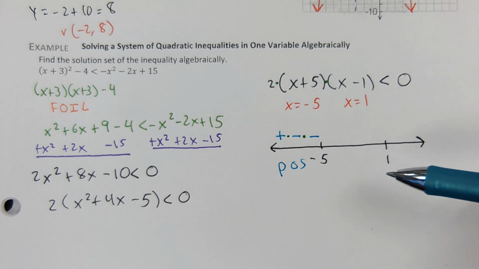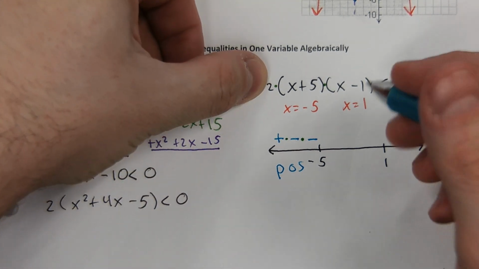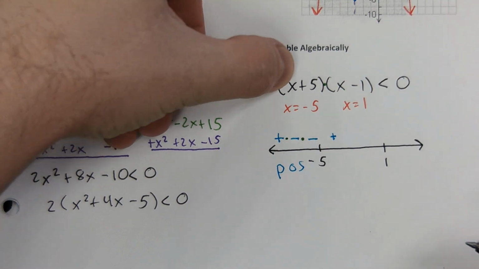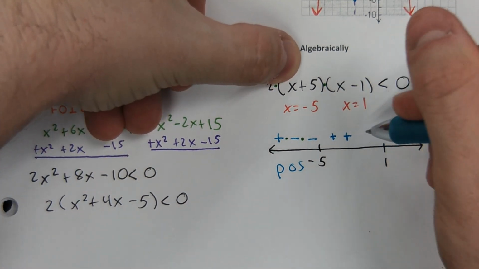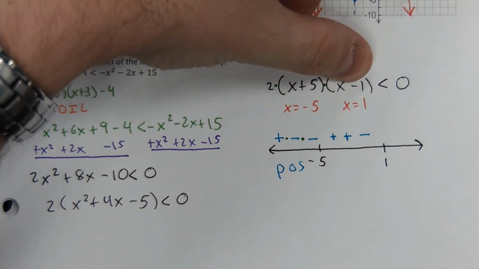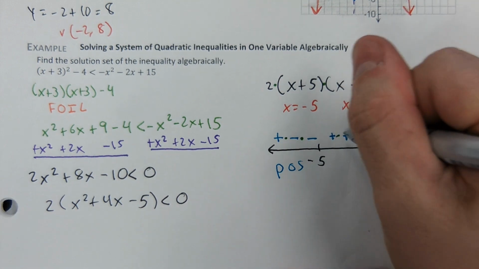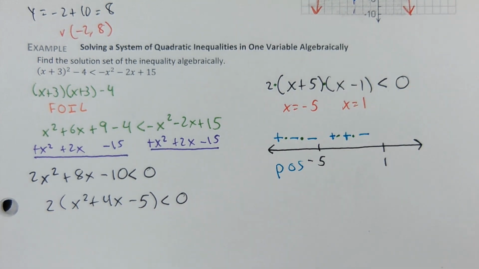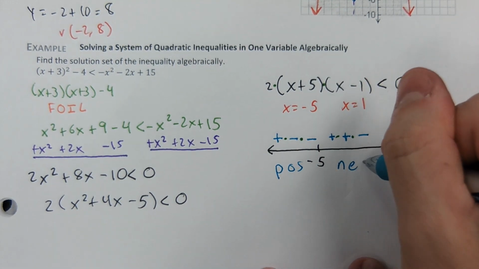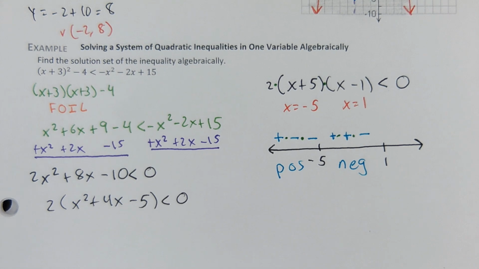I like plugging in 0. 2 is positive no matter what you do. 0 plus 5 is positive. 0 minus 1 is negative. The product of these three kinds of numbers will be negative every single time. And then lastly, grab any number that's bigger.